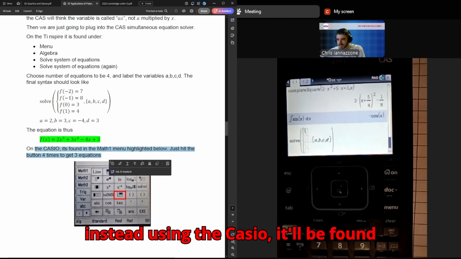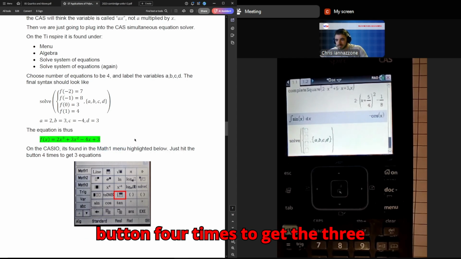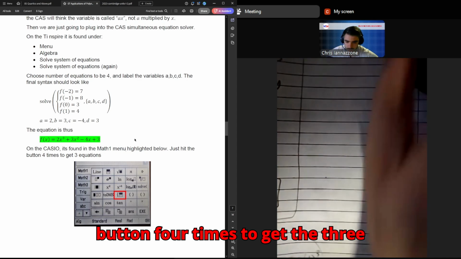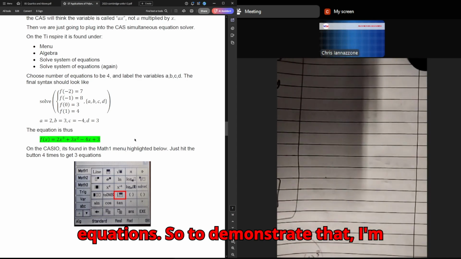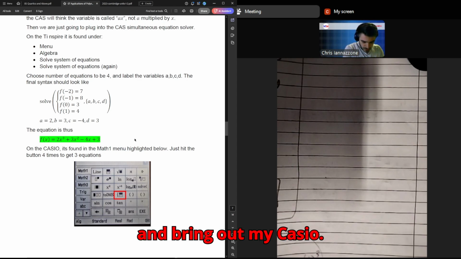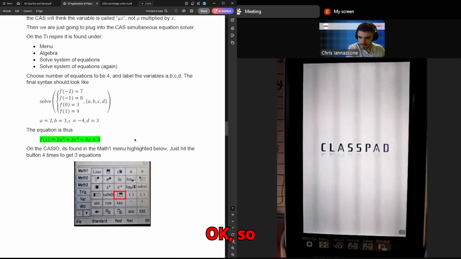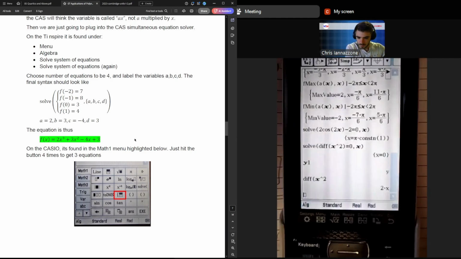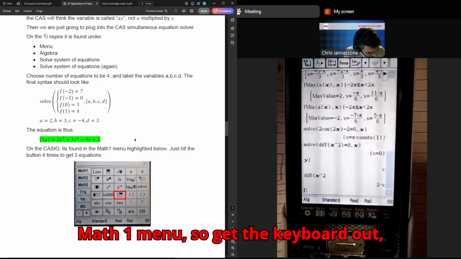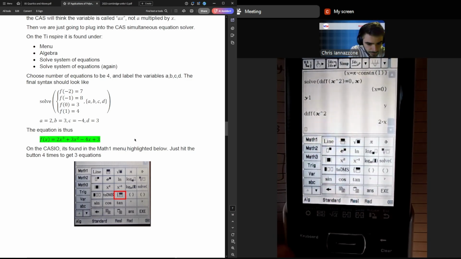If you're instead using the Casio, it'll be found under the Math 1 menu. Just hit that button 4 times to get the 3 equations. So to demonstrate that, I'm going to go off screen ever so slightly and bring out my Casio. Okay, Math 1 menu, so get the keyboard out, Math 1, and get the stylus out.